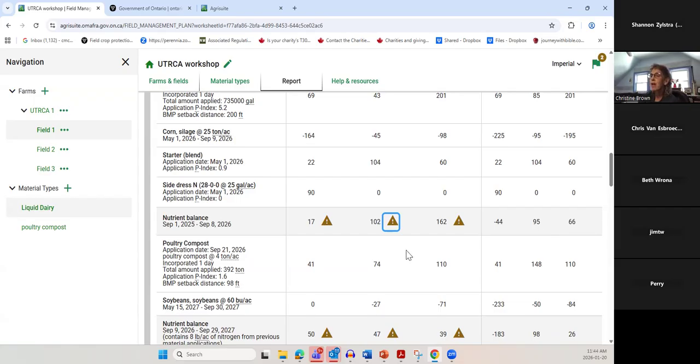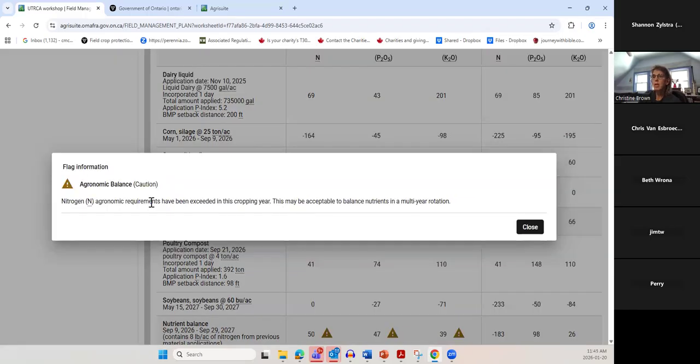So some of these flags, they're there to give you the information. They may not apply. This one tells me that I've exceeded the amount for a cropping year. If I applied more than 200 pounds of nitrogen, it would tell me that I've applied more than what the crop needs, and that's an environmental caution.